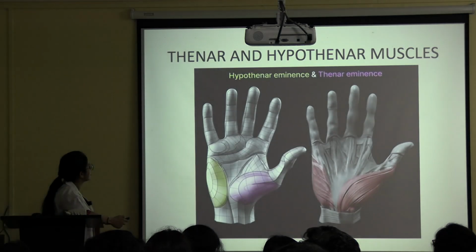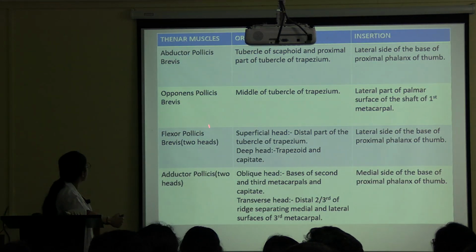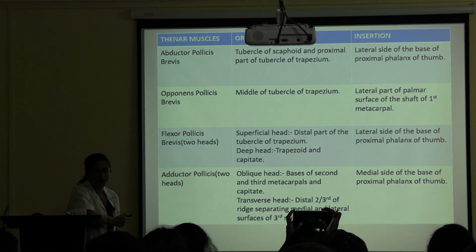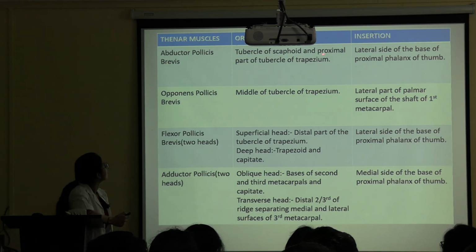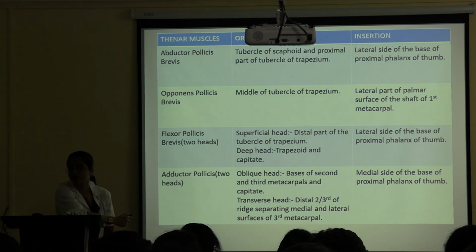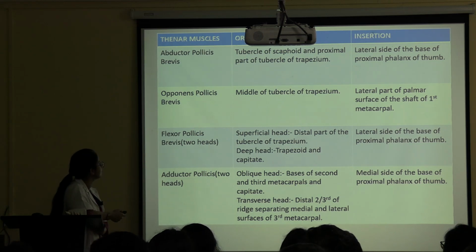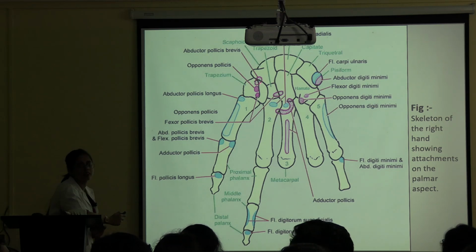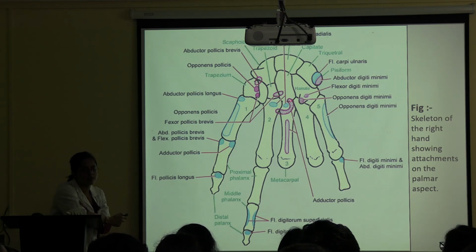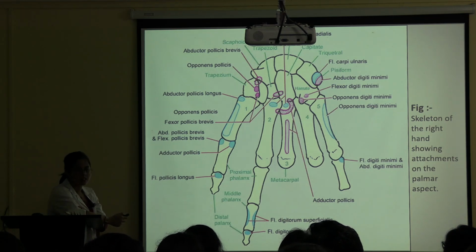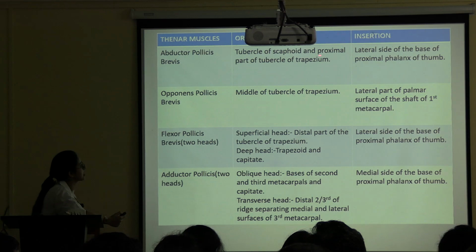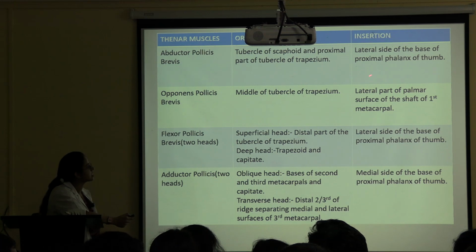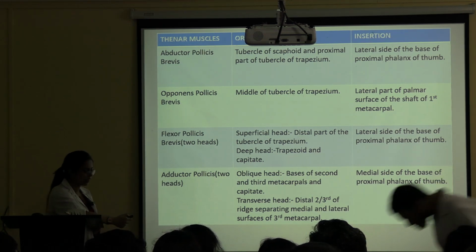So abductor pollicis brevis originates from the tubercle of the scaphoid and the proximal part of the tubercle of the trapezium, and it is inserted on the lateral side of the base of the proximal phalanx of the thumb.